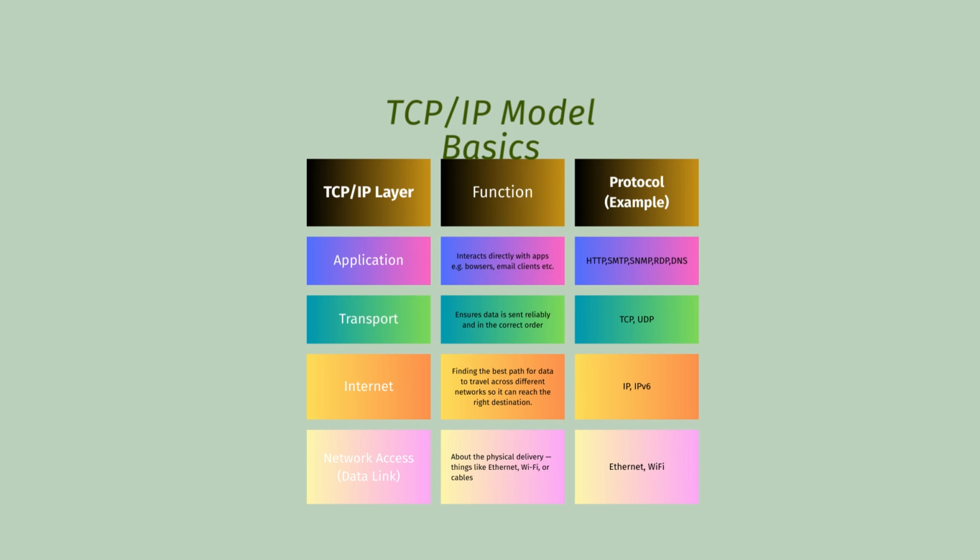Now, you might have heard of the OSI model with its 7 layers, but in the real world, we primarily work with the TCP/IP model, which has 4 practical layers. As you can see on your screen, the first layer is the application layer. This is the top layer of the TCP/IP model and the one closest to the user.